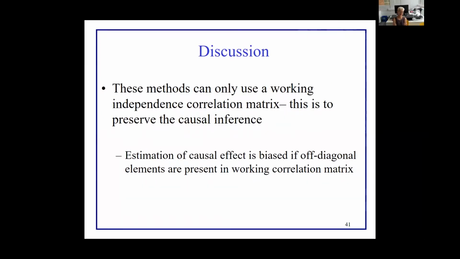Now, this is a sad reality. Probably many of you noticed that when I talked about using the generalized estimating equation, I said you had to use a working independence matrix. Of course, we're not really fitting the mean of Y_t, step count, over time.